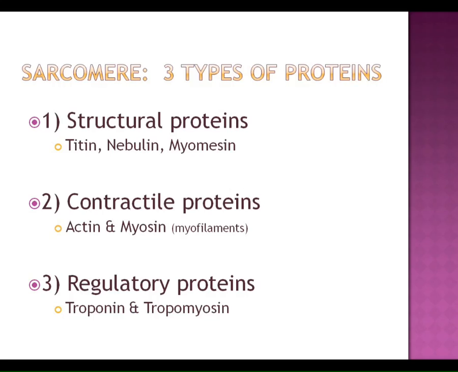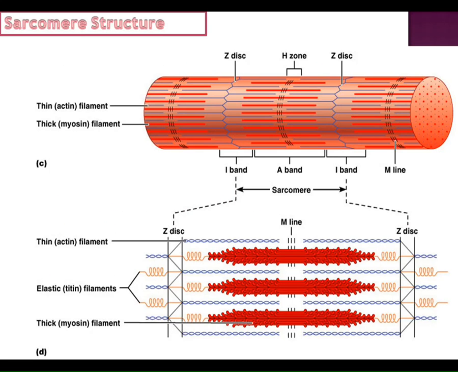So let me go back. Notice these little coils there. That's a structural protein. And what's it doing? It's holding the myosin heads in place structurally so they don't just fall apart. This right here. This is titin. The myomesin represents the proteins that line up the filaments like this, holding them in place.